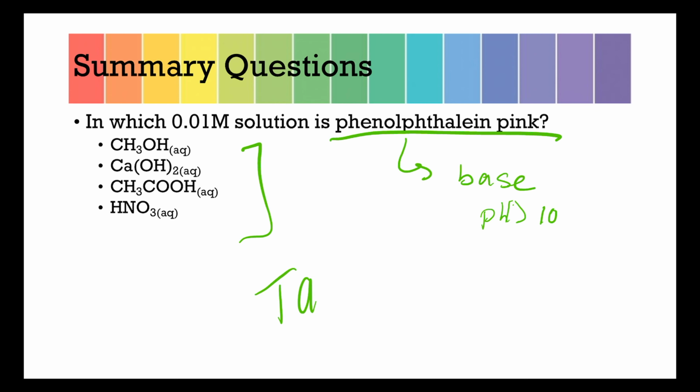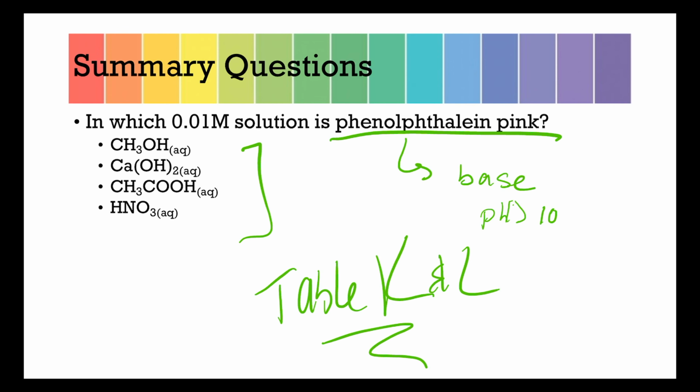You want to look at Table K. This has K and L. One of them is acids, one of them is bases. If we're looking for something with a pH of 10 or bigger, that is a base. And according to those tables, the only base is choice B, calcium hydroxide.